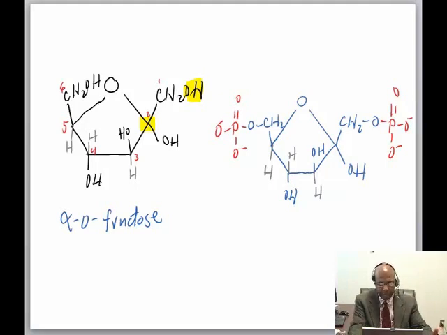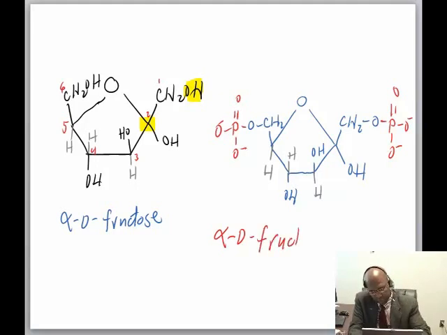Now the name of this should be alpha D fructose 1,6. Since it's two of them, we could say diphosphate or biphosphate, either one.